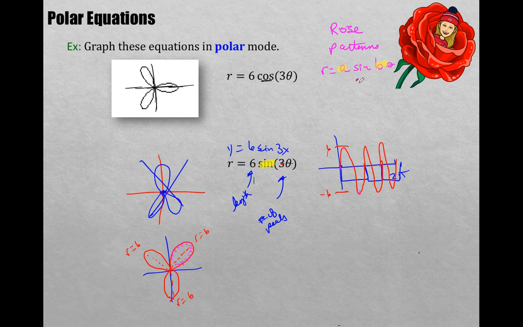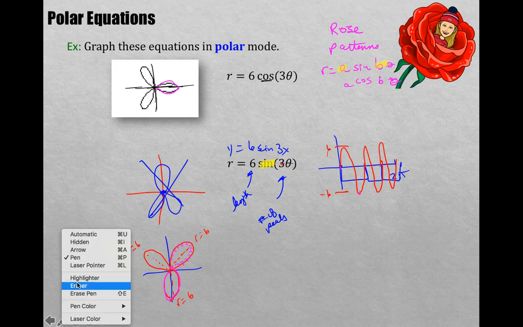And this could be either sine or cosine, right? And you remember that you have one petal for cosine around the positive x-axis, but for sine, you have one petal surrounding the negative y-axis.